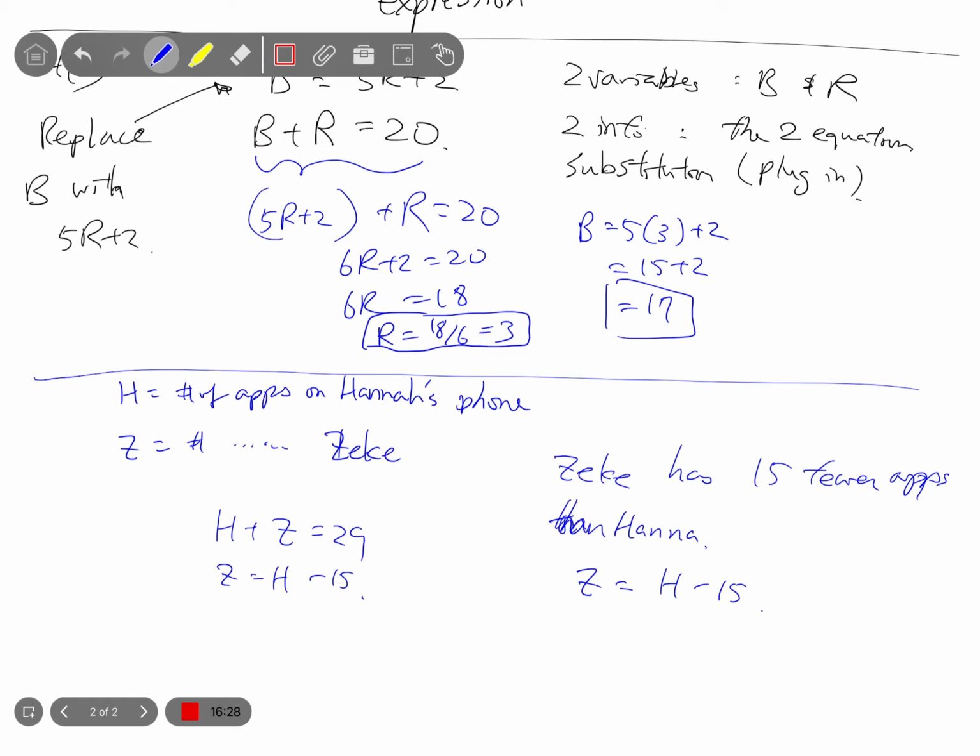Okay. Now again, two variables, H and Z, two pieces of information, two equations. Let's substitute. I'm going to take Z equals H minus 15 and put it into the other equation. So H plus H minus 15 is 29. This is 2H minus 15 equals 29. This is 2H equals 44, and H is 22.